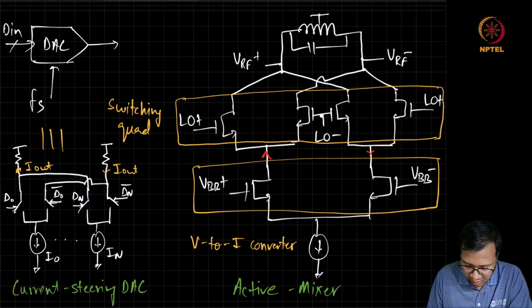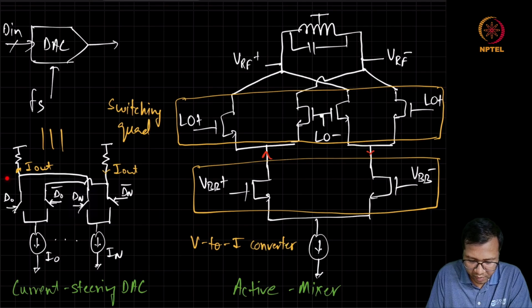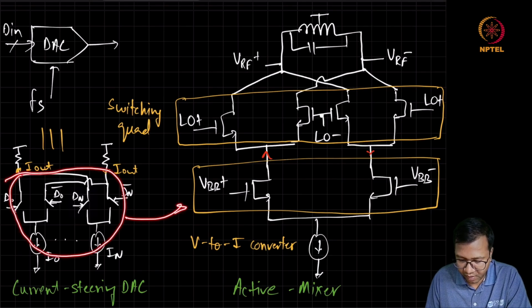So it should be possible to take this current steering DAC and completely replace with the V2I converter in the active mixer. And if we can do that, then we can see that in a way we are able to merge the DAC with the mixer itself. So this is a very simple way of merging the DAC with the up converting mixer.